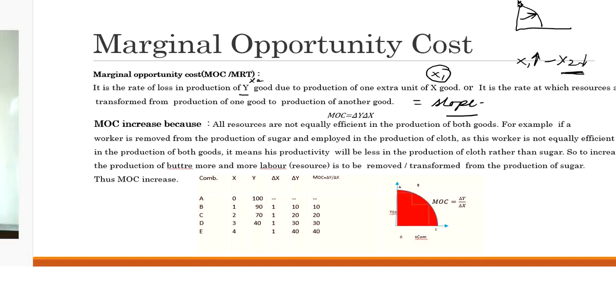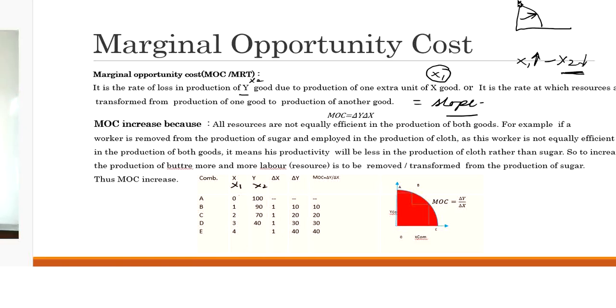So come here on this schedule. When we are producing X1 0, means production of X1 is 0, production of X2 is maximum. As you increase production of X1 by one extra unit, production of X2 falls.